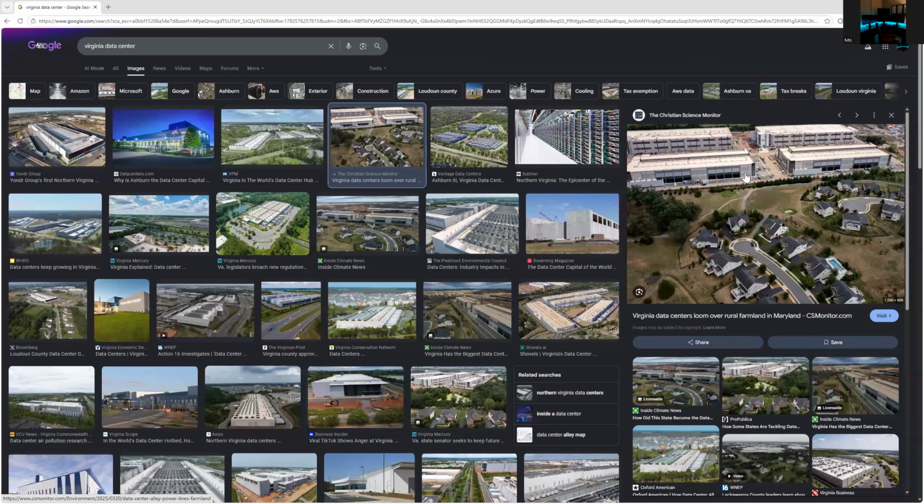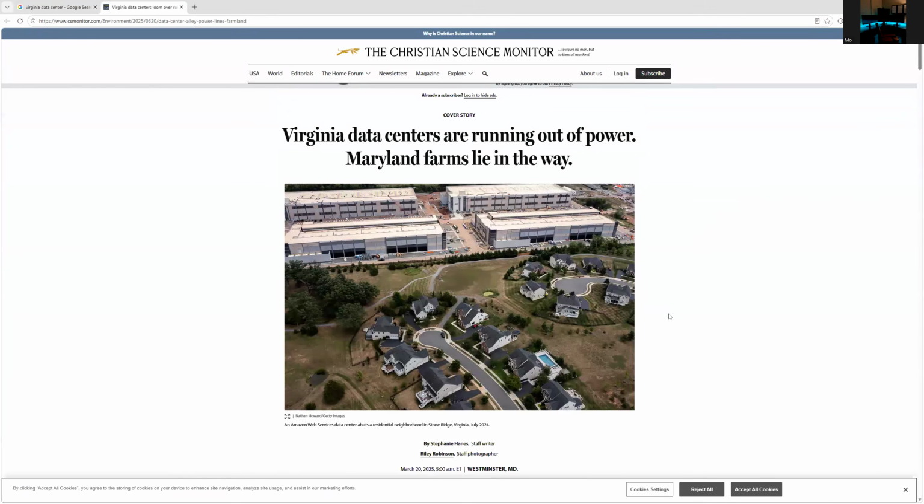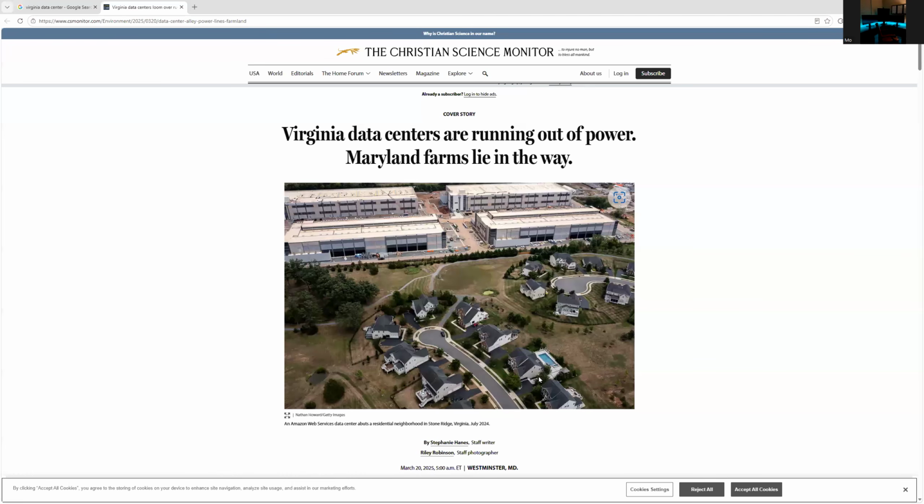So now the ones who own these lands, right? Look, the people living here, and you've got a data center behind them. They're saying, oh yeah, go out and build them in a desert or something. Well, how are you going to do that? How are you going to get all the power there?